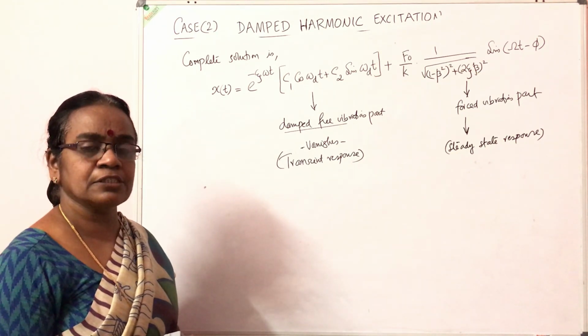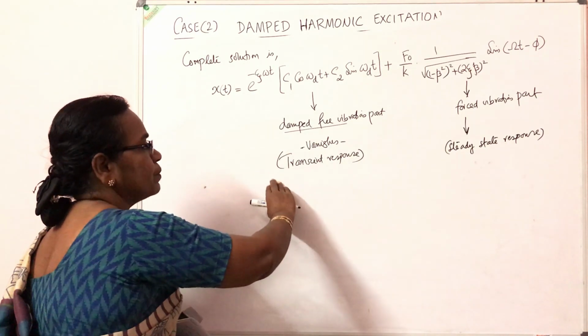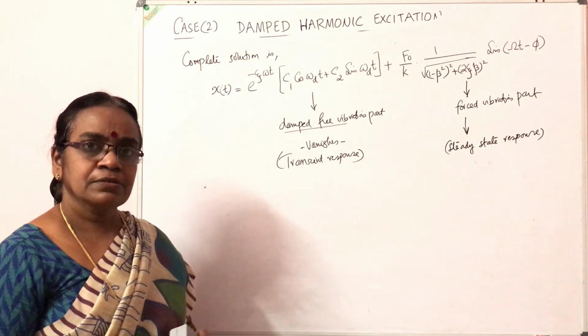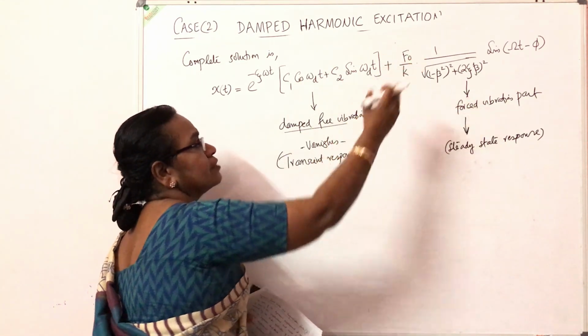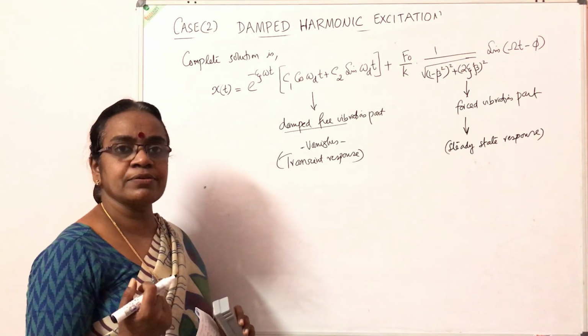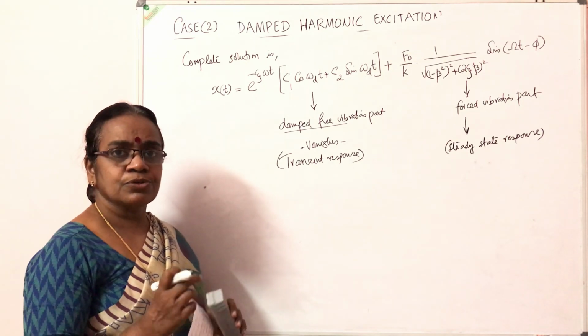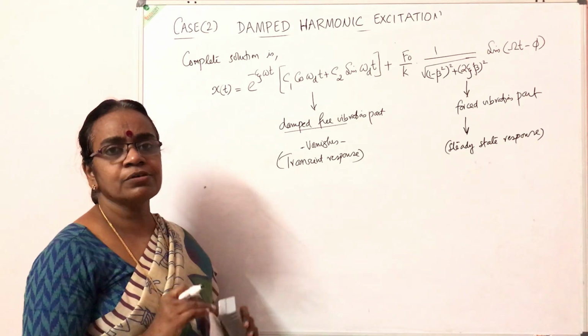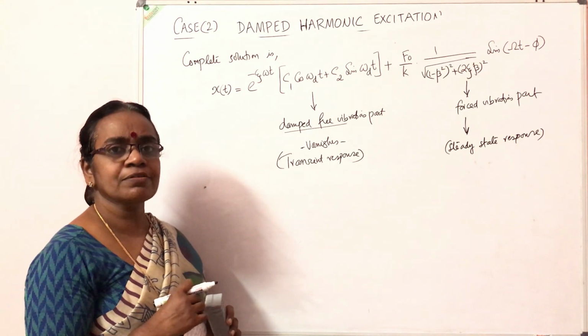The steady state response part remains, and the total response is a combination of transient response and steady state response. Both are harmonic functions, but they have different frequencies, different amplitudes, and different phases. So the total response will be a non-harmonic response as seen earlier.